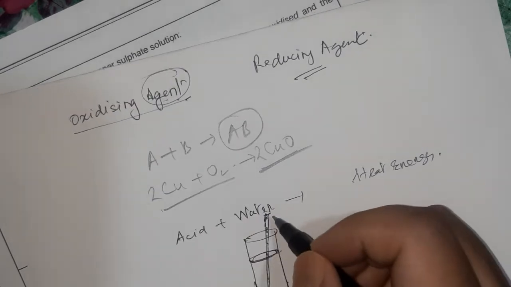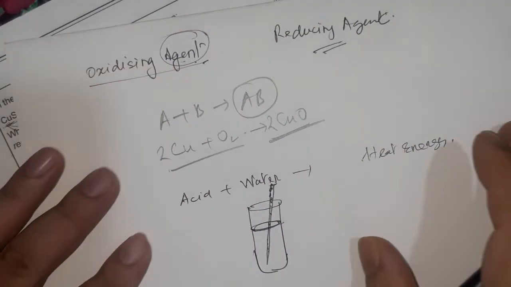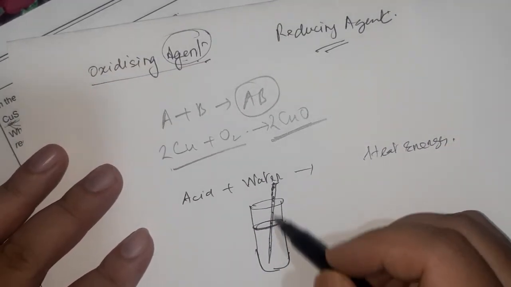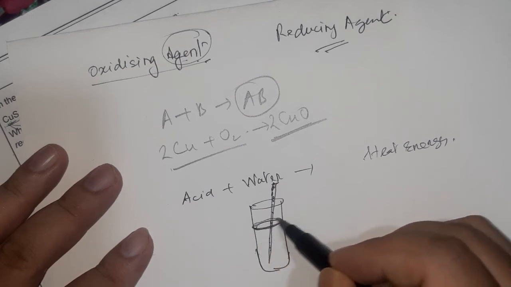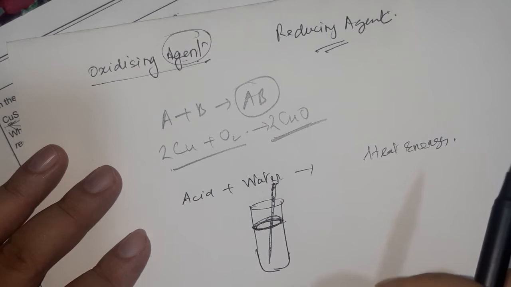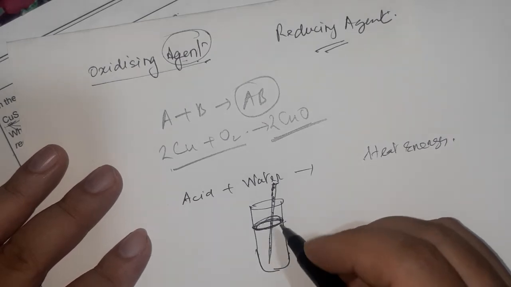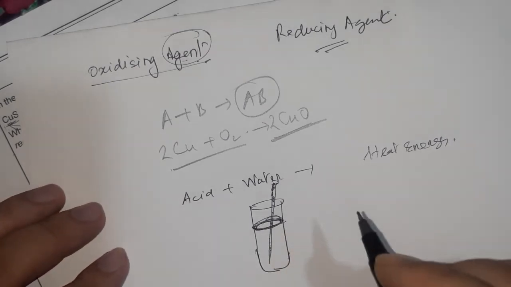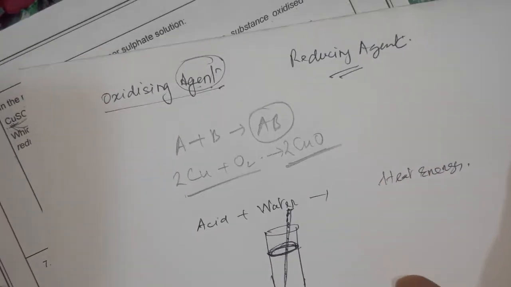Obviously acid and water will produce heat energy, but since more water is there, it will reduce the heat energy, and in this way we can save ourselves from burns.